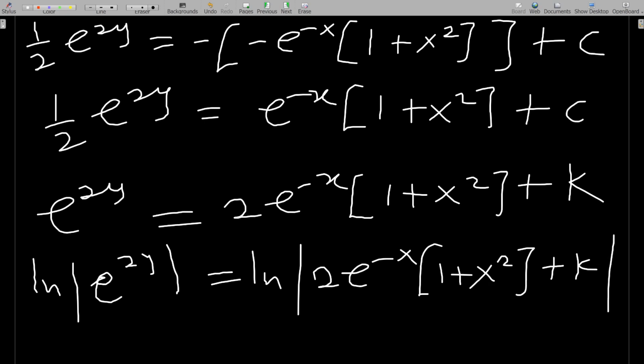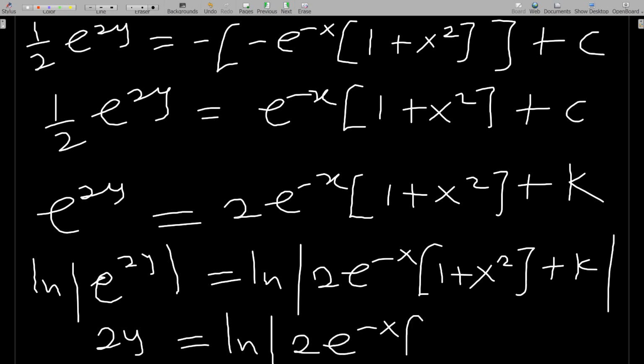Then this will give me 2y equals ln of 2e to the negative x, 1 plus x squared, plus k. Now I realize that the ln has vanished on the left side.